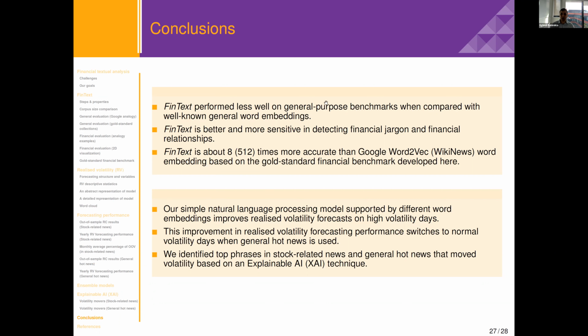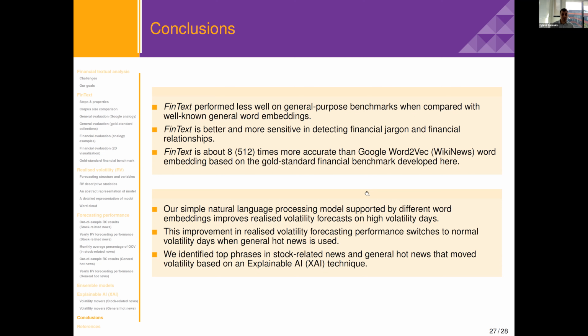But for the general purpose benchmark, it did not show good results because it is based on just news, a specific type of textual data in the market or in literature, not widespread like the Word2Vec or Facebook model, which use Wikipedia and more general knowledge.